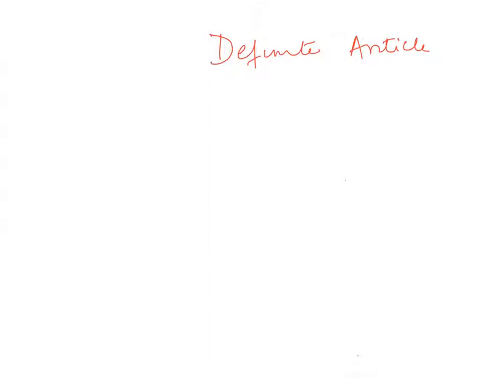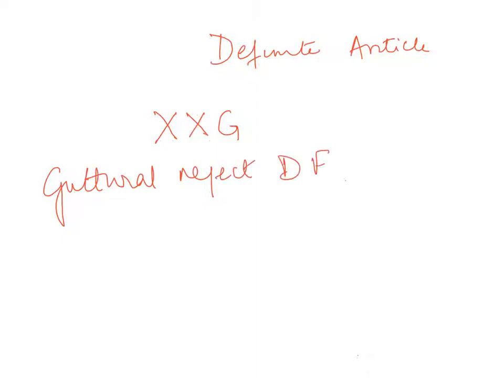Now, what happens if the first consonant of the noun is a guttural? Remember, gutturals reject dagesh forte. So now you have an issue, because how are you going to put your definite article then?